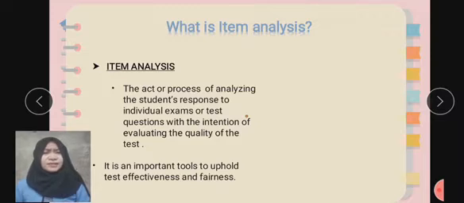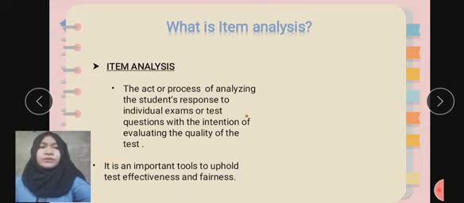Why do we need this item analysis? Or what really is the effect of this process? As we go through these lessons, we will see the benefits of this item analysis.